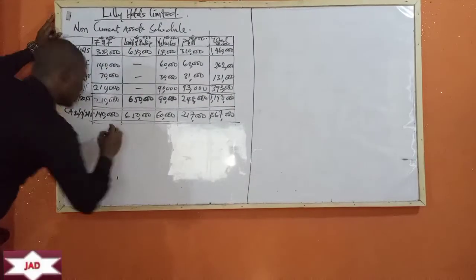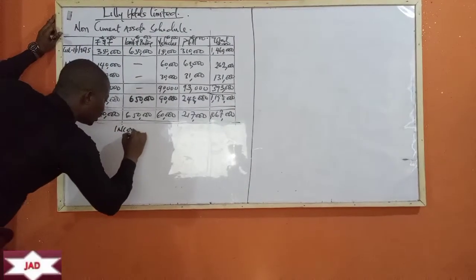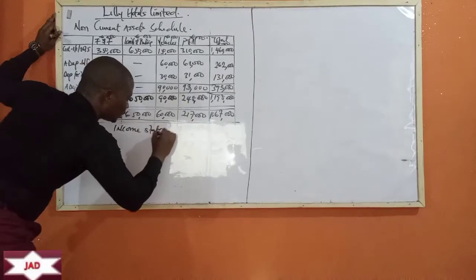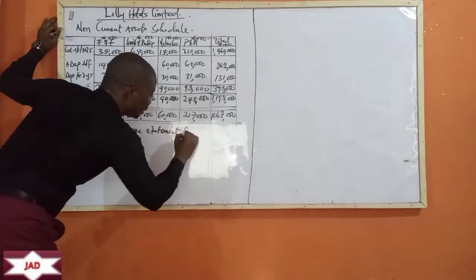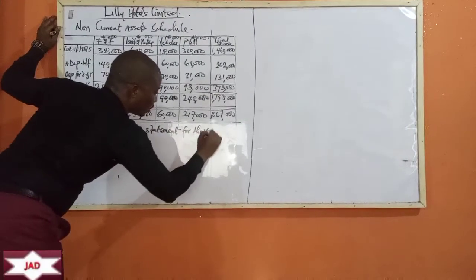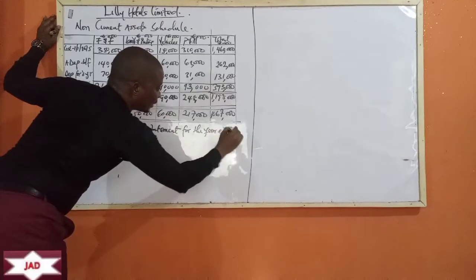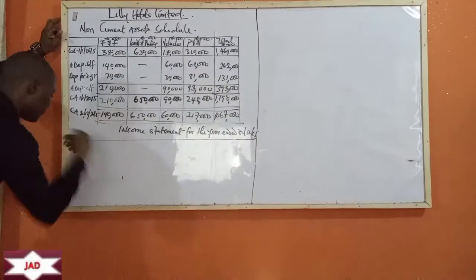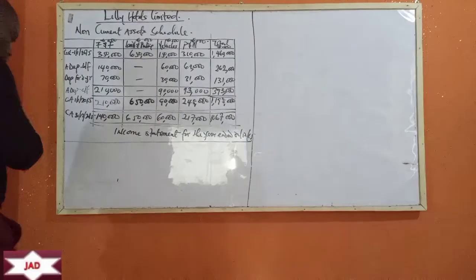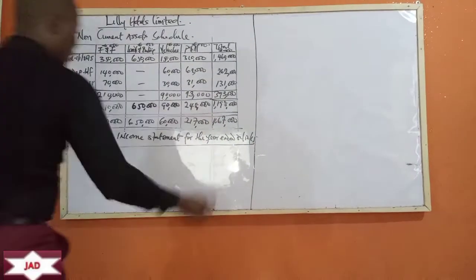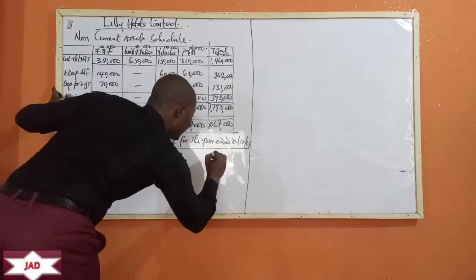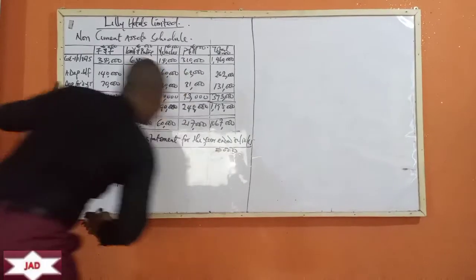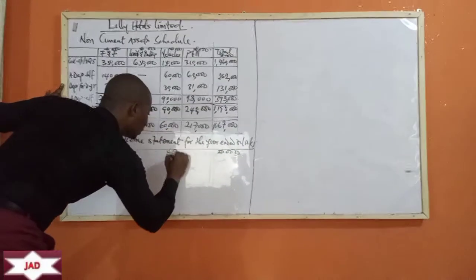We'll say Income Statement for the year ended 31st December 2015, right? Let's put everything here. Let's call this our notes.